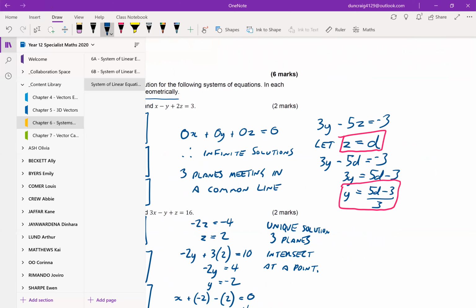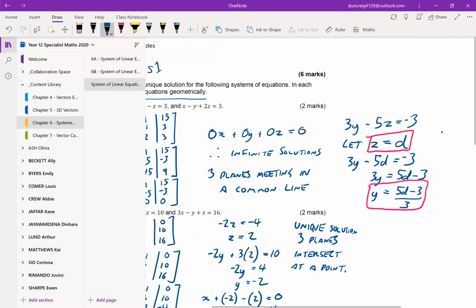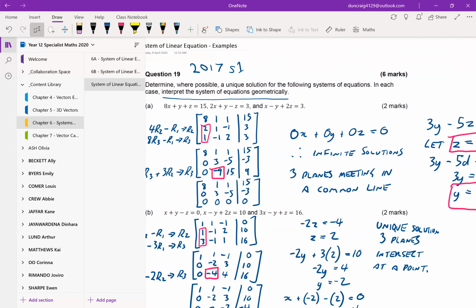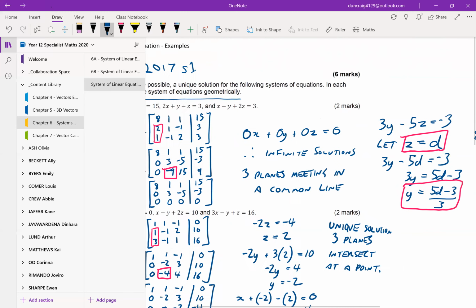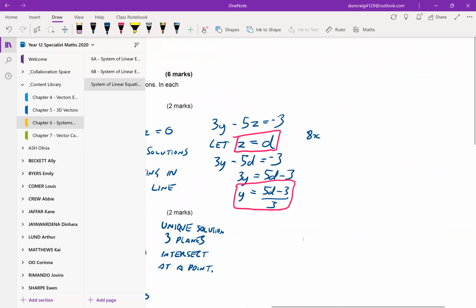And then I can use that to figure out an x value in terms of d as well. My other equation was 8x plus y plus z is equal to 15. So I could say 8x plus (5d take 3) over 3 plus d is equal to 15.